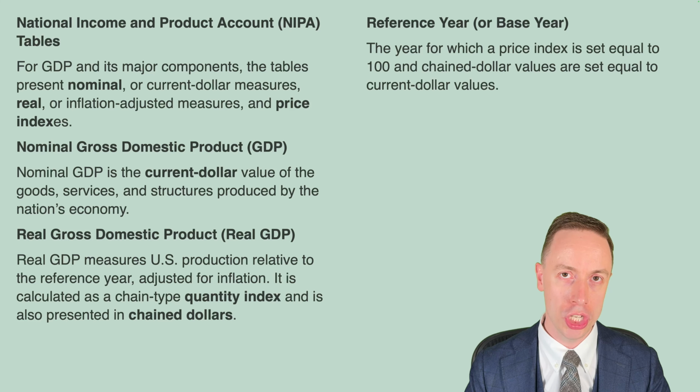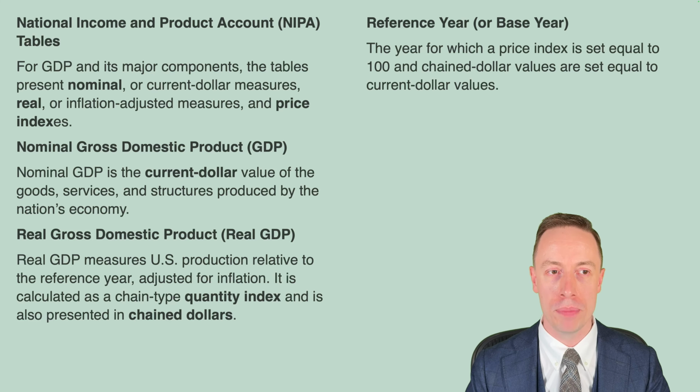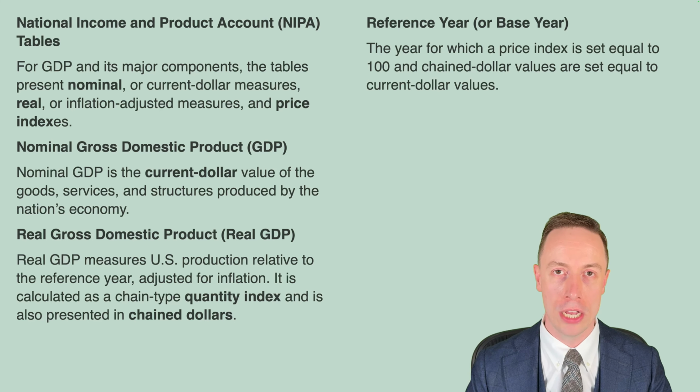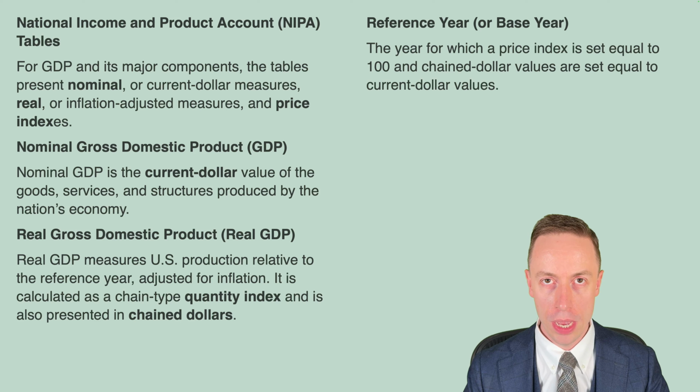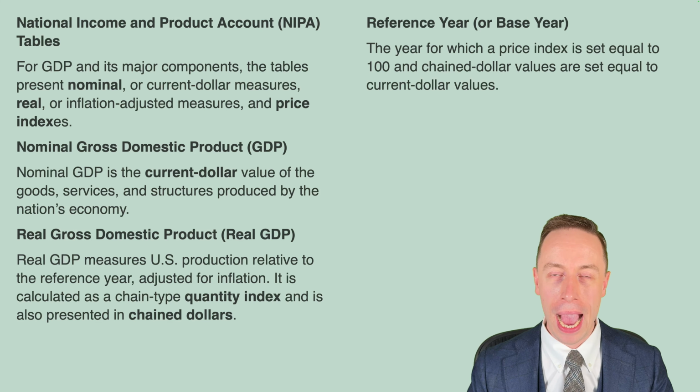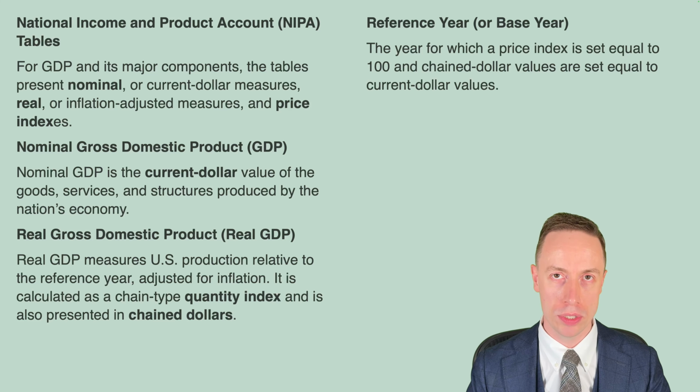Until now, the GDP measures we've discussed have been on a nominal or current dollar basis. And we want to learn about an alternative measure referred to as real GDP. Here, we're looking at how much more our country is producing compared to a reference year, which is sometimes referred to as the base year.